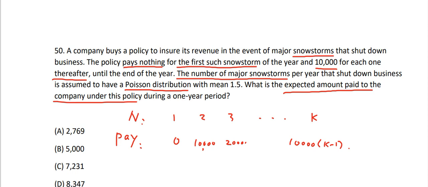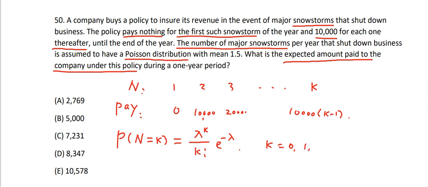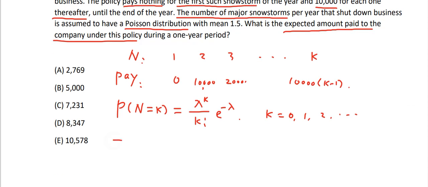We know P(n equals k) is lambda to the k over k factorial times e to the negative lambda, right? Because n is Poisson, k can be from 0 to 1 to infinity, right?